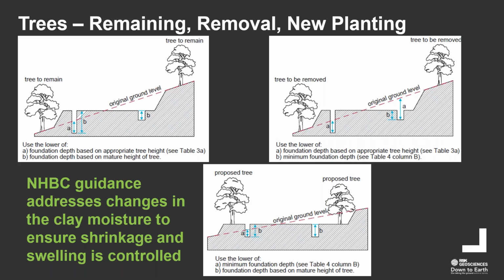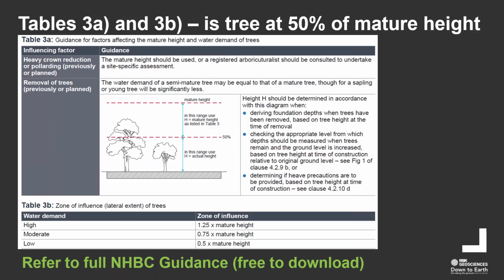And again, I'm not intending to go through all of that, but I just thought it was useful to show you typical table 3A here, so that if the tree is at 50% of mature height or not, then there's certain dimensions and distances of zone of influence on the bottom of that chart that one would use. So 1.25 times the mature height if you've got a high water, or 0.5 if it's a low.